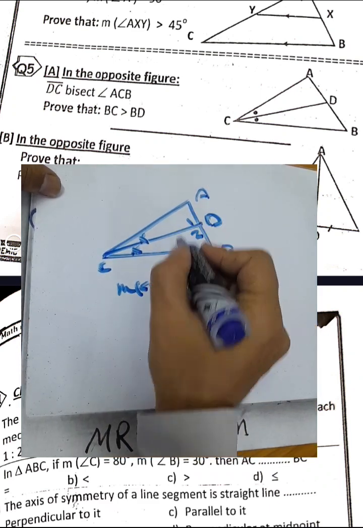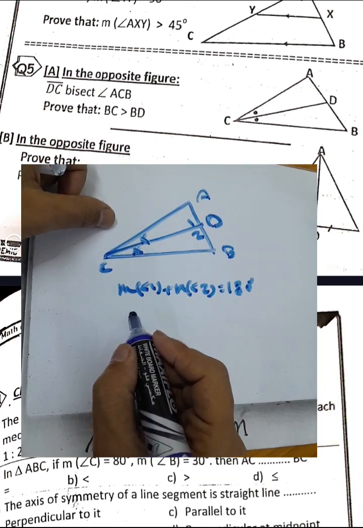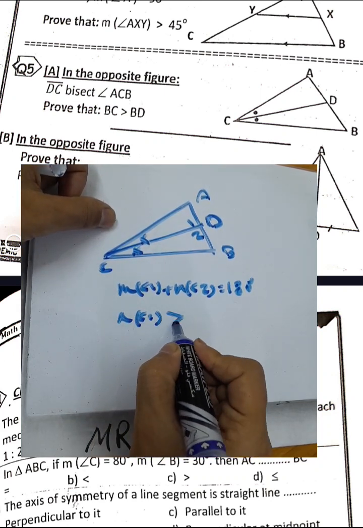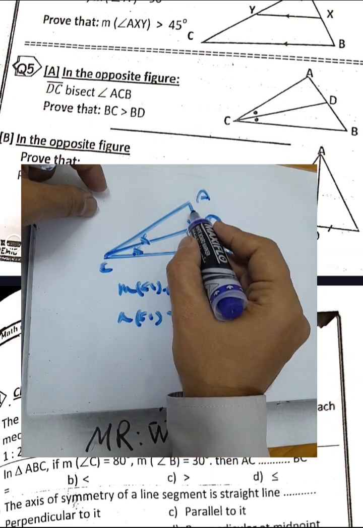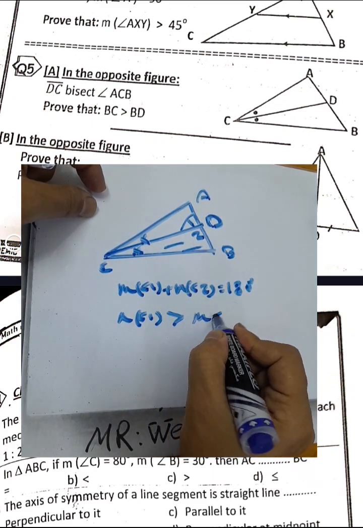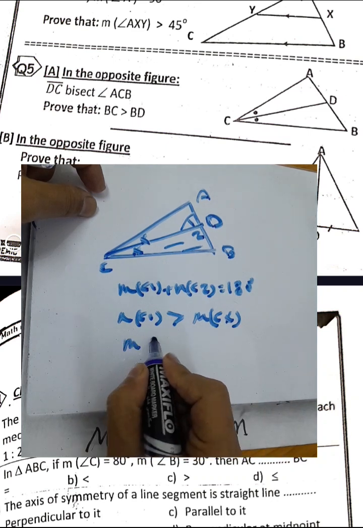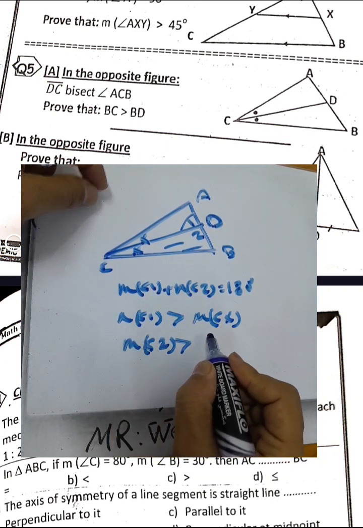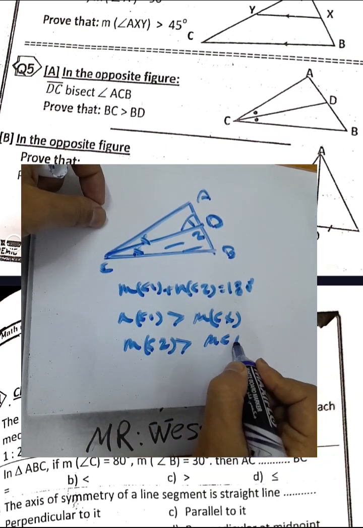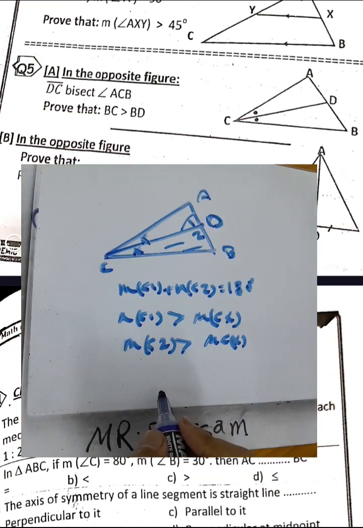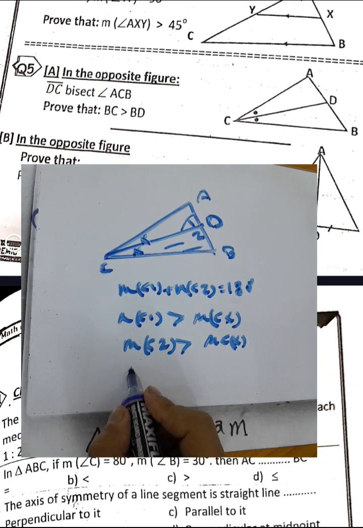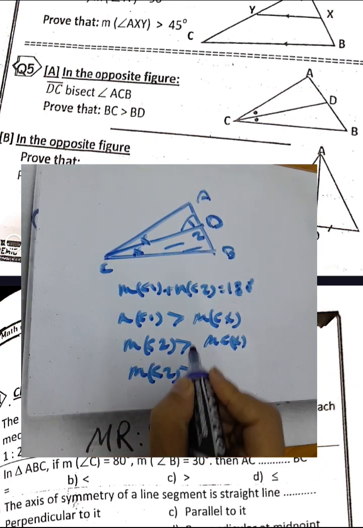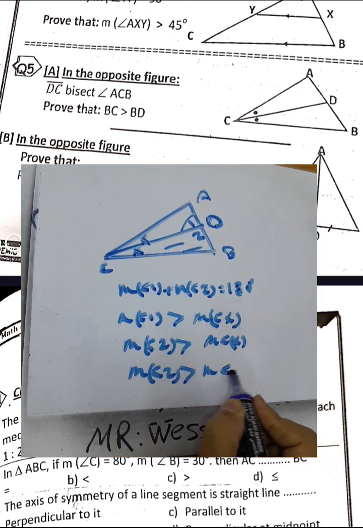Okay, and measure of angle 1 was greater than measure of X, this angle, because it's exterior about this triangle, greater than measure of angle X, and the measure of angle 2 was greater than measure of angle X. Okay, we want to prove that.